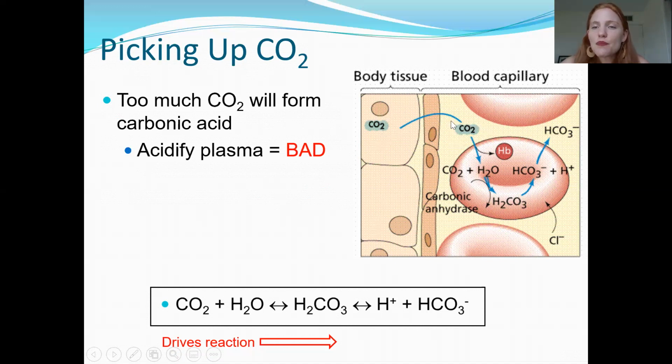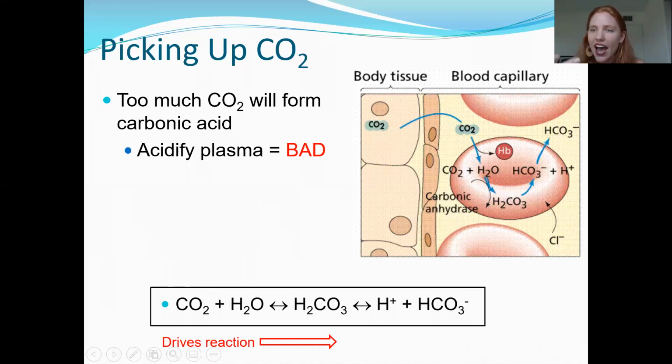Once it's in the blood, a small little bit of it will be dissolved in the blood. But again, we don't want too much of that to dissolve in the blood, because if you increase the amount of carbon dioxide, more of it will combine with water, and that creates a molecule called carbonic acid. And an acid, what does an acid do? Acids release hydrogen.